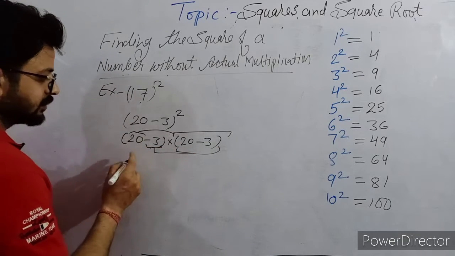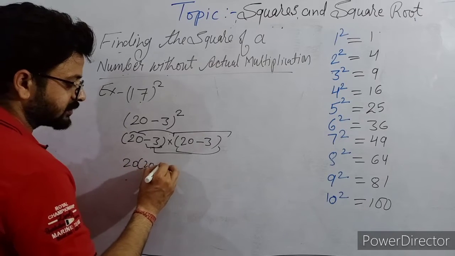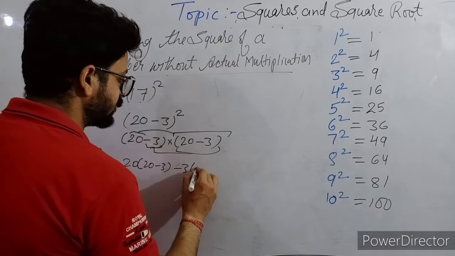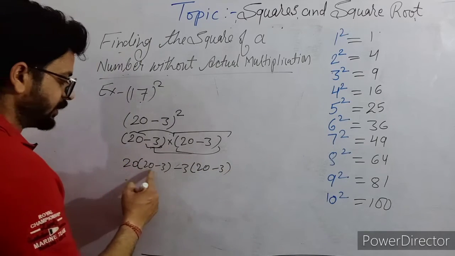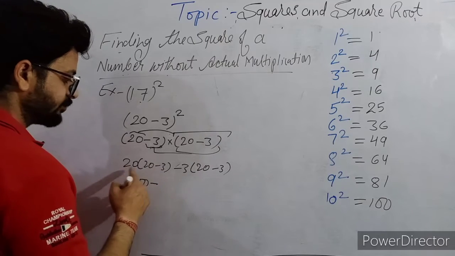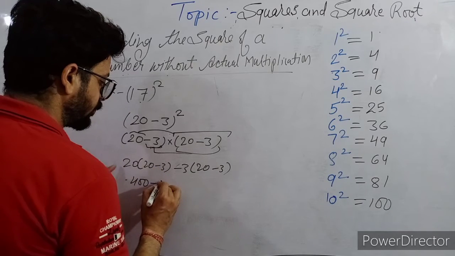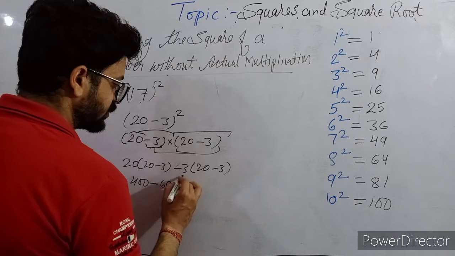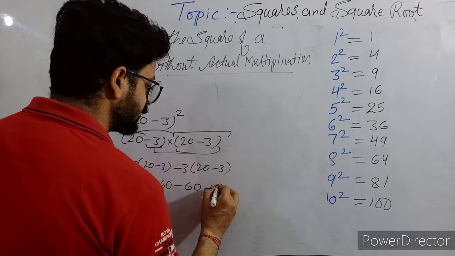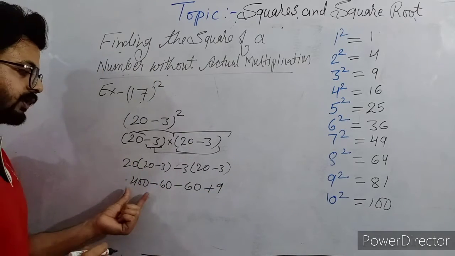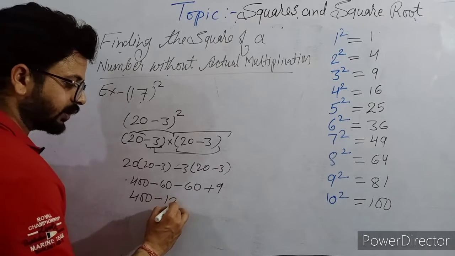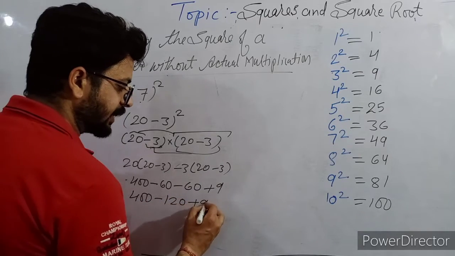So 20 into 20, 400, minus 20 times 3, 60, and minus 60, and minus 3 times minus 3, plus 9. Now from 400 we will subtract 120 and then we will add 9.